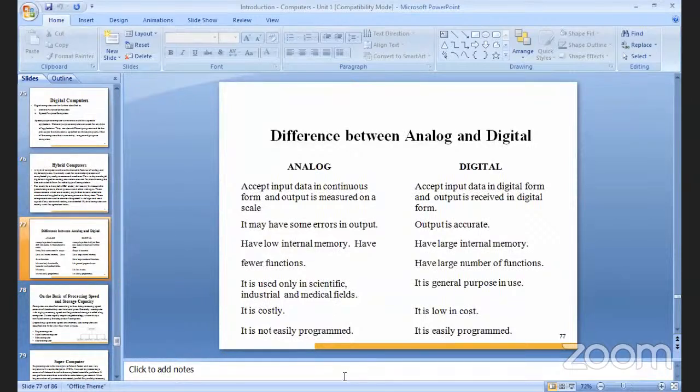What are the differences between analog and digital? Analog accepts input data in a continuous form, and the output is measured on a scale.